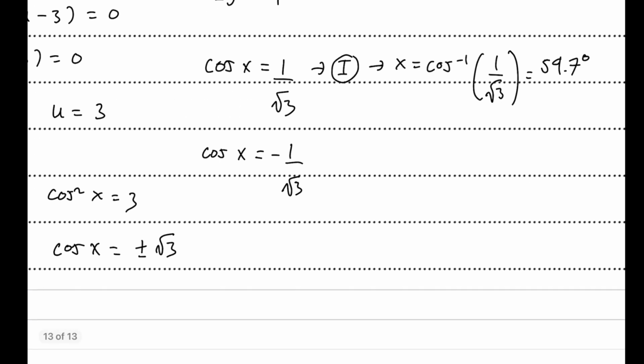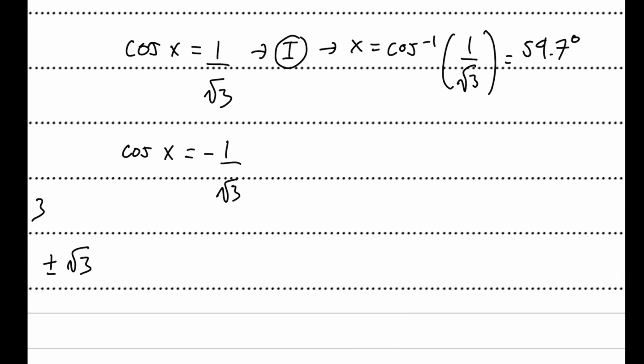The second one is cos x equals minus 1 over square root of 3. As we know, minus means it lies in the second quadrant, so we can make our basic angle equal to 54.7.